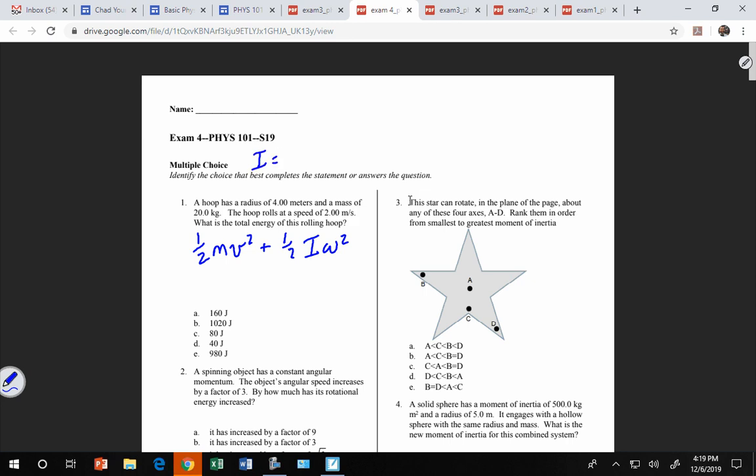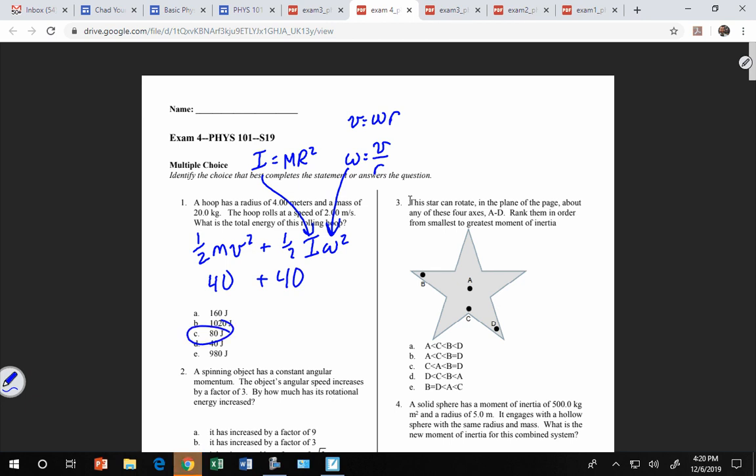I for a hoop is mr squared. Omega is equal to v divided by r. Both those are in your equation sheet. This equation was v equals omega times r, and then I just solve it for omega. And so I do that to put into here and here. I think in this case it was 40 plus 40, or 80.